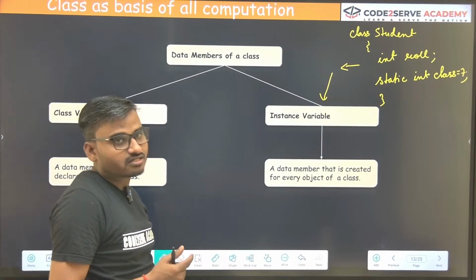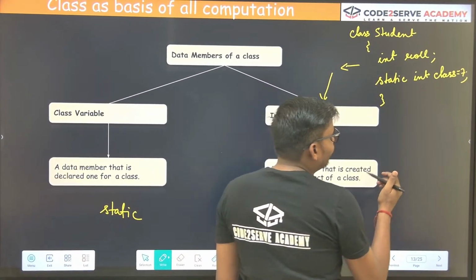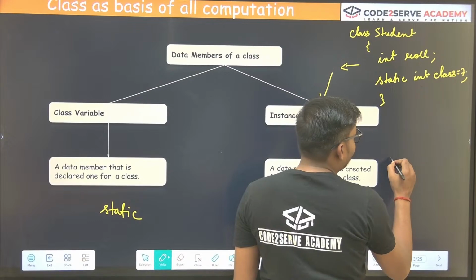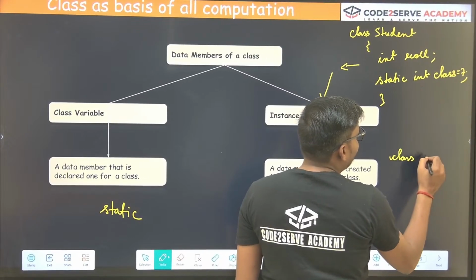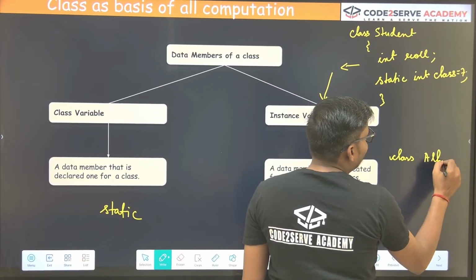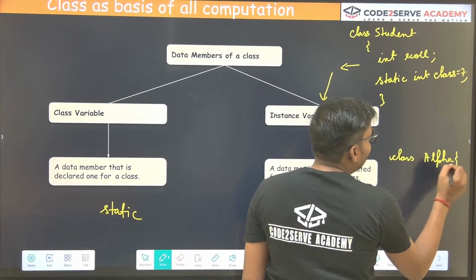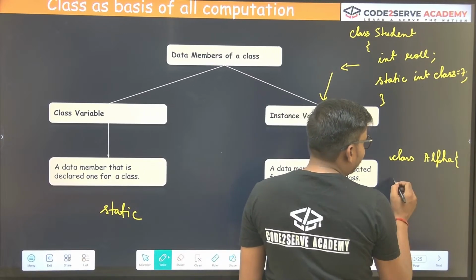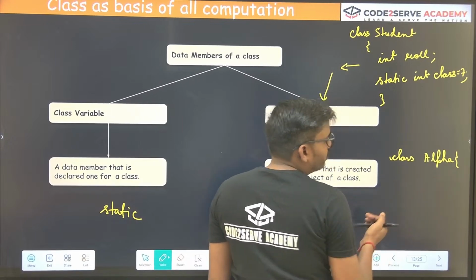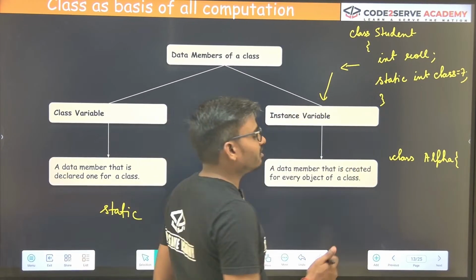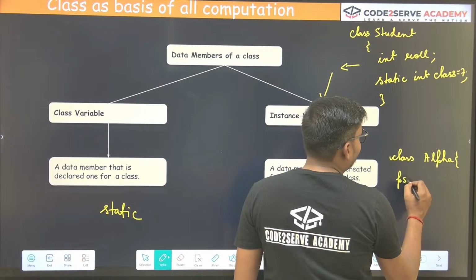What I mean by this, suppose whenever you create an object in some other class, suppose alpha is the name of the class, and inside this class we write the main method, public static void main.